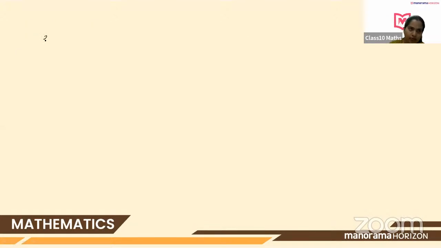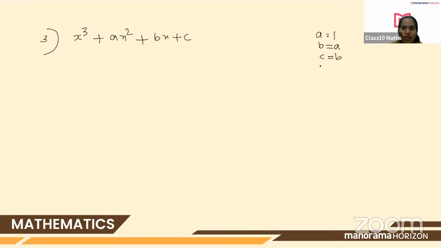Question 3. We have a cubic polynomial here, x cube plus ax square plus bx plus c. Comparing to the standard form ax cube plus bx square plus cx plus d, A is equal to 1 here, B is equal to a, C is equal to b, and D is equal to c.